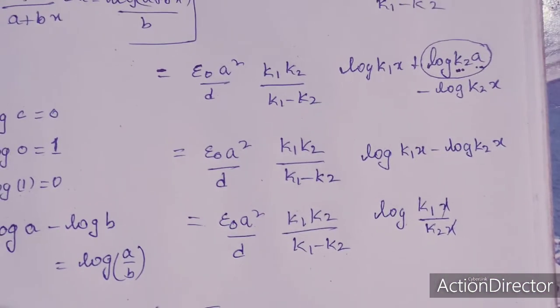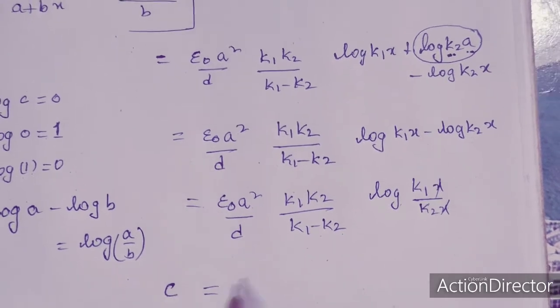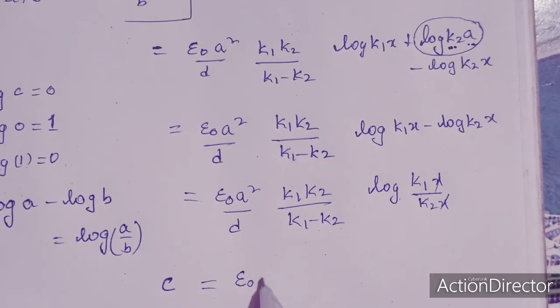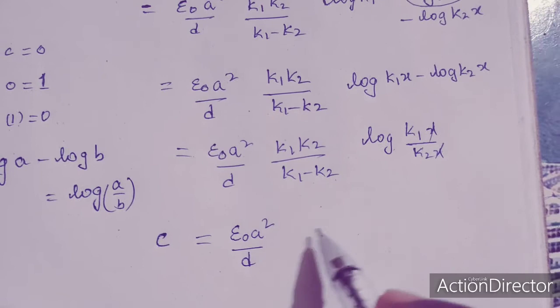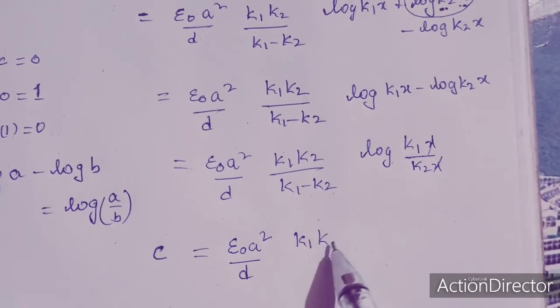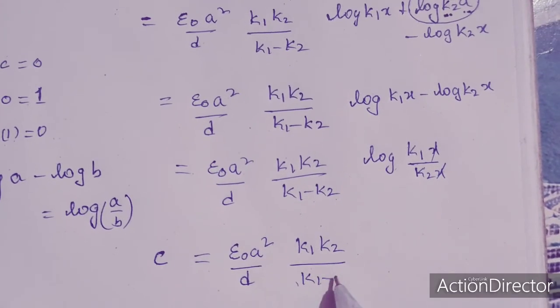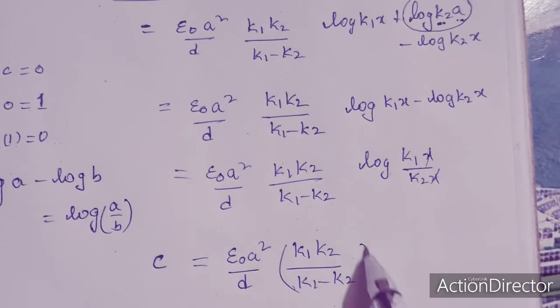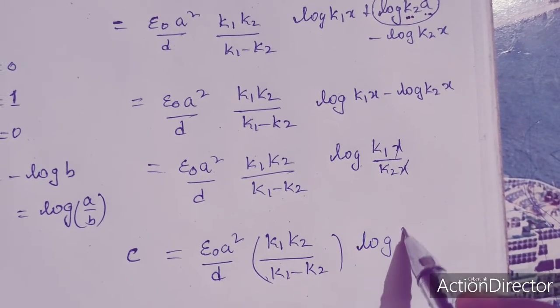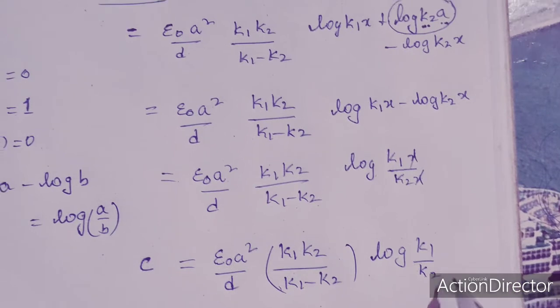The final formula we get for equivalent capacitance is epsilon naught a square divided by d, k1 k2 divided by k1 minus k2, into log k1 by k2.